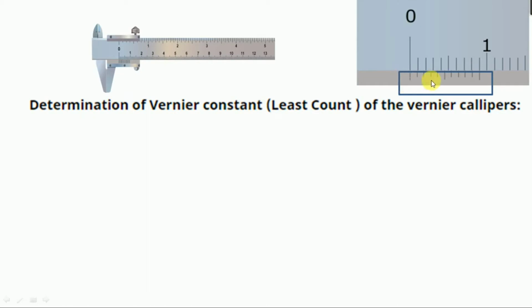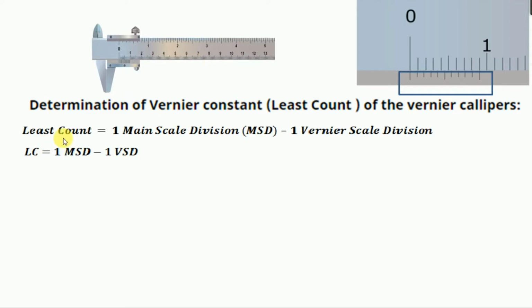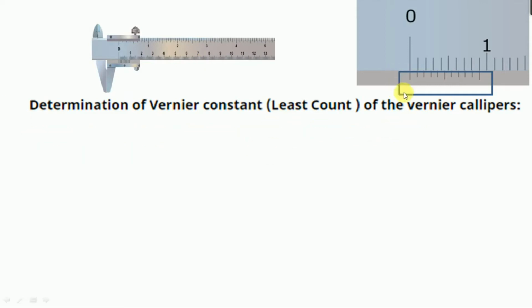So let's find the least count of this vernier caliper. Least count is 1 main scale division minus 1 vernier scale division. If you see the vernier scale, we cannot tell how much one division is. So before taking the measurement we should know the vernier constant of this vernier caliper.